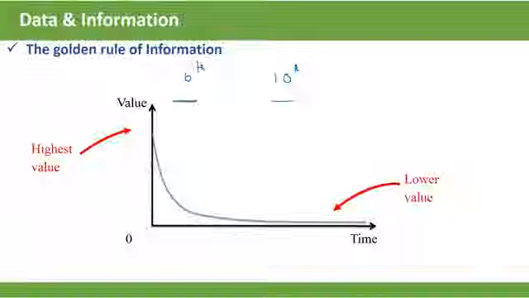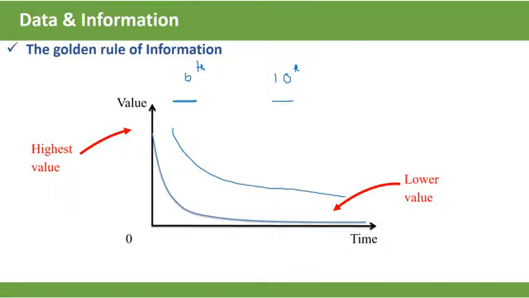Think about its value. It's at the highest place. But with time, what happens? It will be low. When we get it the first time, its value is high. But with time, we know it already. I have received this message, so its value is reduced. Just think about the profit and loss of an organization.